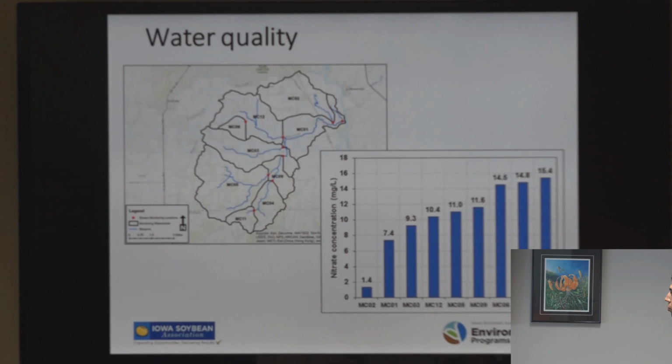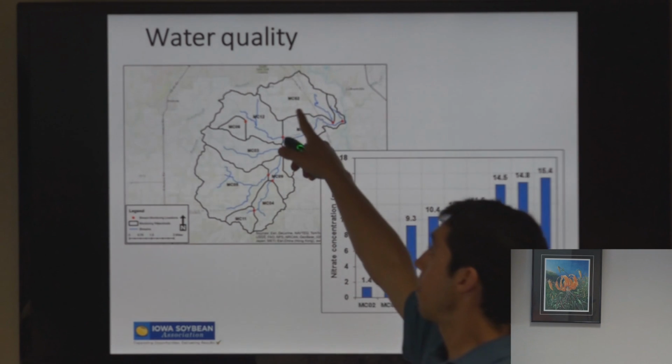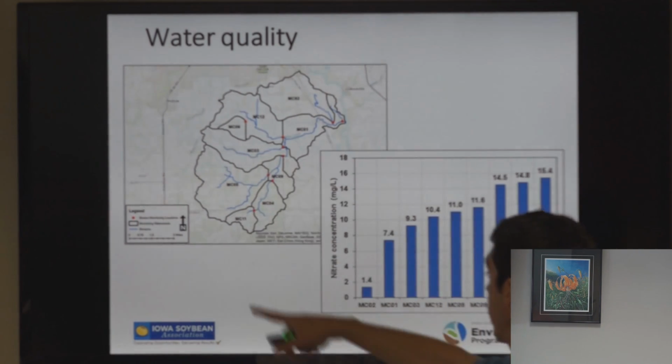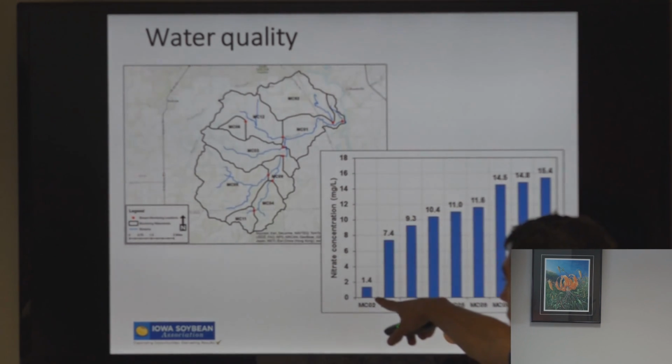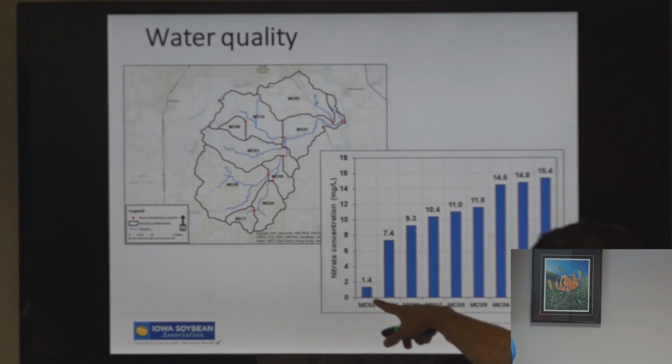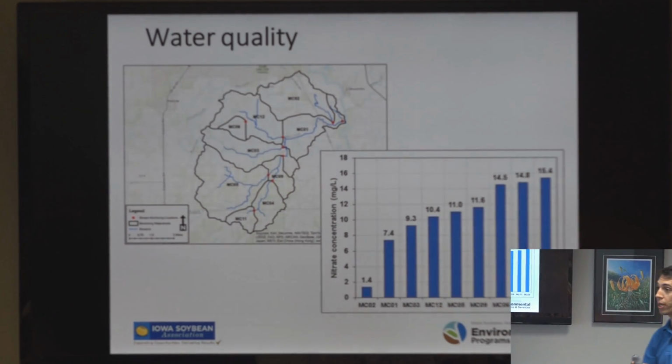So what we like to do is we monitor, or we advise monitoring stream networks throughout the watershed, so we can identify areas where conservation may be needed more heavily than other areas of the watershed. As an example, in the Miller Creek watershed, this little MC02 subwatershed, you'll notice had nitrates in 2014 and 2015 of less than 2 parts per million.